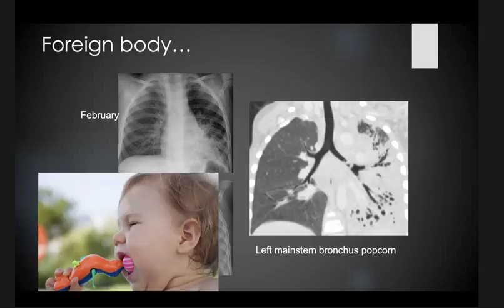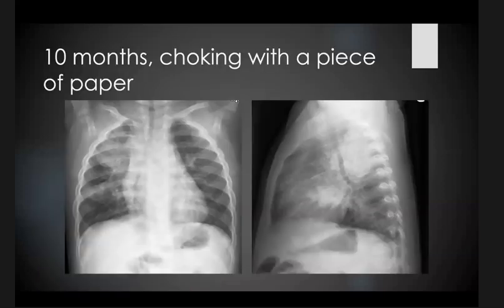So take care of the foreign bodies. Here we have a 10-month-old choking on a piece of paper. It was a bit atypical because you had opacities in the posterior part of the right upper lobe and in the middle lobe, and it was not clear for us.